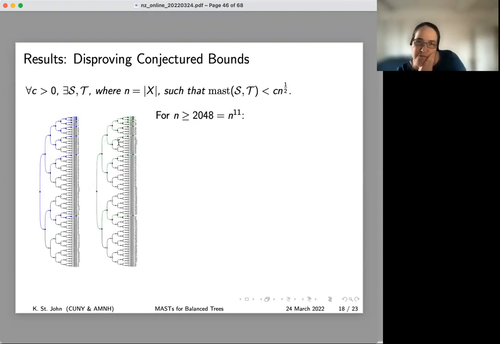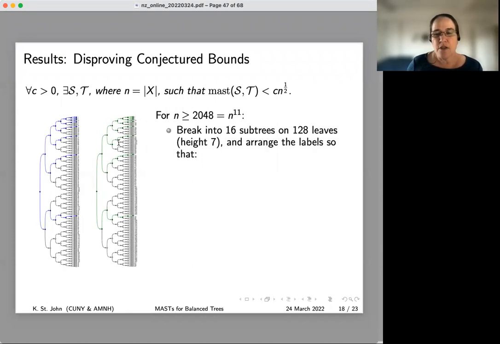Let me give you an example just for n greater than 2048. These trees are not 2048, these are 128. You can't actually easily visualize 2048 on your screen. So here was our idea in general. We're going to take 2048 and break it into 16 subtrees on 128 leaves each.